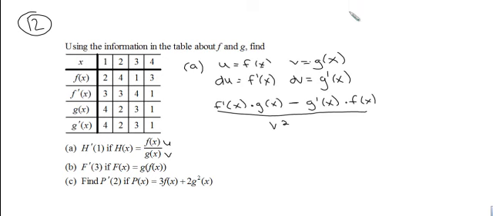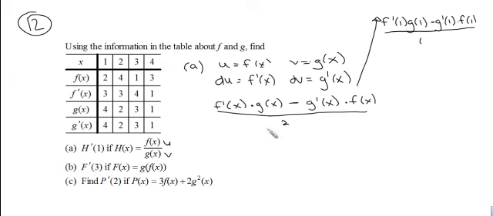Okay, so we're trying to find the derivative when x is 1. So my derivative here is f prime of 1 times g of 1, minus g prime of 1 times f of 1, all over, sorry, that should be g of 1 squared. So f prime of 1 is 3.